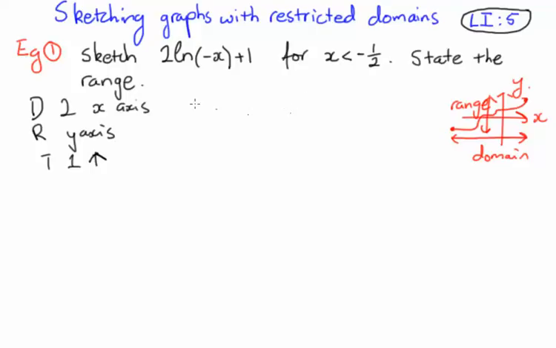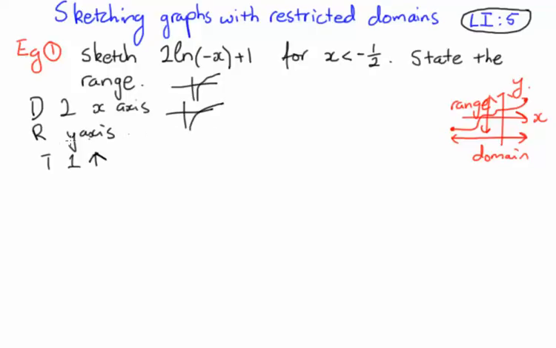There we are. Let's do some mini graphs. A log graph is a reflection of e to the x, so it's going to start here, and then next it's dilated by a factor of 2 from the x-axis, so we're getting further away from the x-axis. It might look something like that.